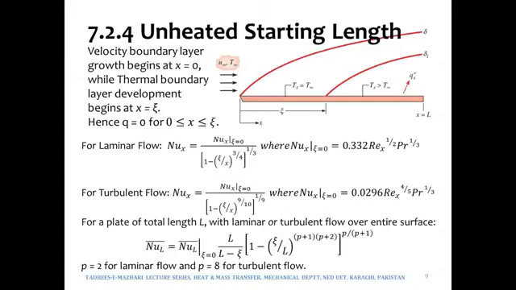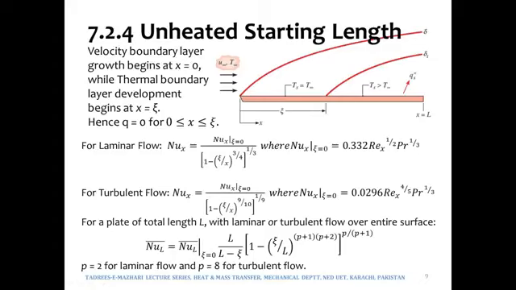As long as Ts is the same as T infinity, the thermal boundary layer will not be developed. However, if Ts is different from T infinity, only then the thermal boundary layer will start getting developed. So in this particular region of length zeta, Q would of course be 0 for the reason that I have just mentioned.